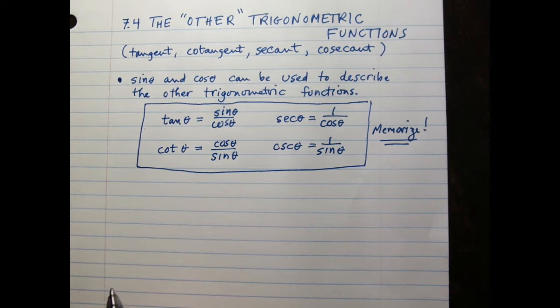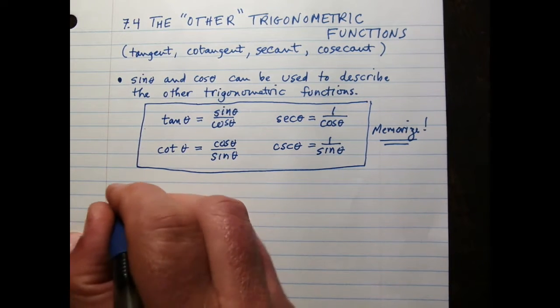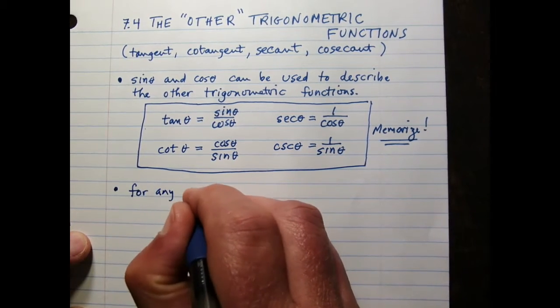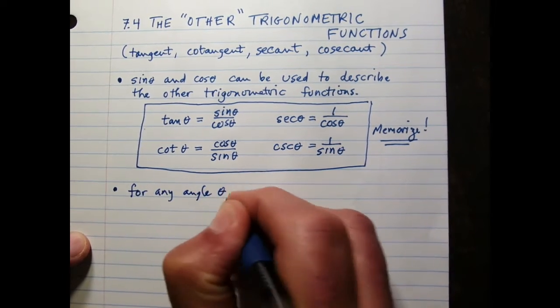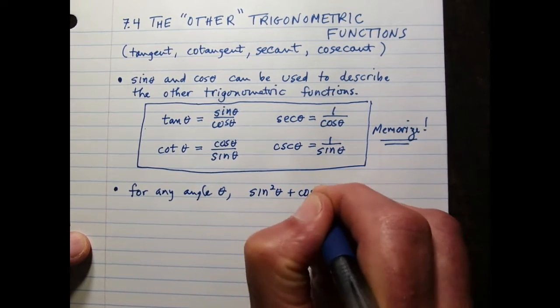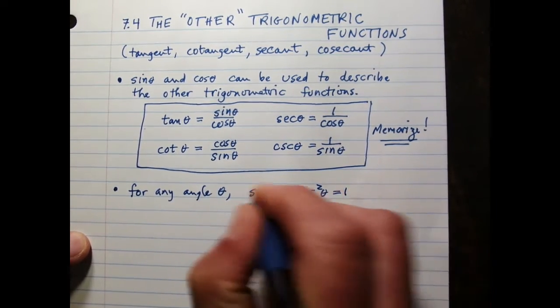Now, also, for any angle theta, sine squared theta plus cosine squared theta equals 1.